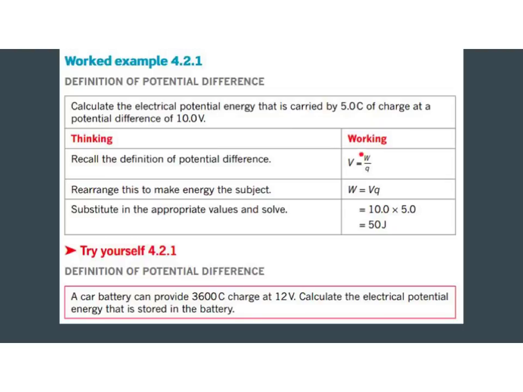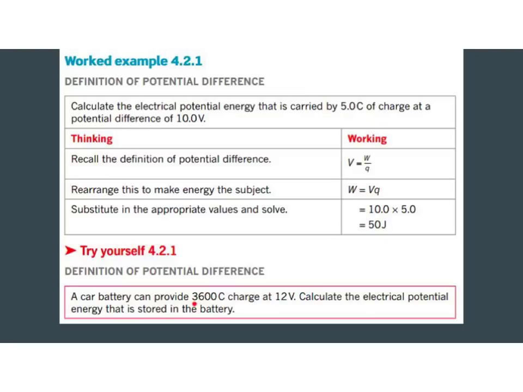So just using this formula here, where voltage is work over charge, what we want to find is the electric potential energy, which ends up being the work. So what work would be done if we moved a 5 coulomb charge through 10 volts? And so you just rearrange that equation. 10 times 5 is 50 joules. Let's try one ourselves now.